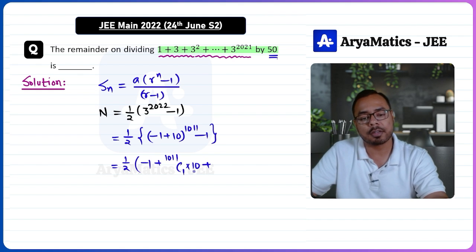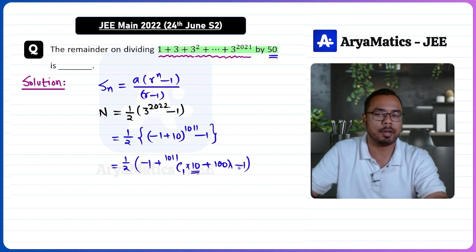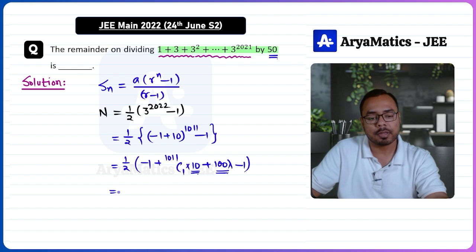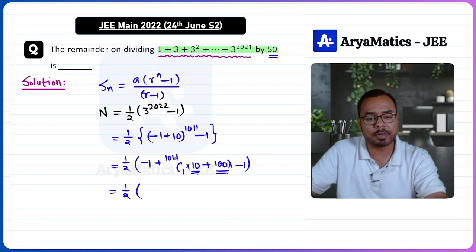After that, the third term will contain 10 square. 10 square means we have a multiple of 100. So after that, all the other terms we can write as multiples of 100. So basically this is the number that we are getting. If I further simplify this one, we'll get 10110 plus a multiple of 100 minus 2, right?